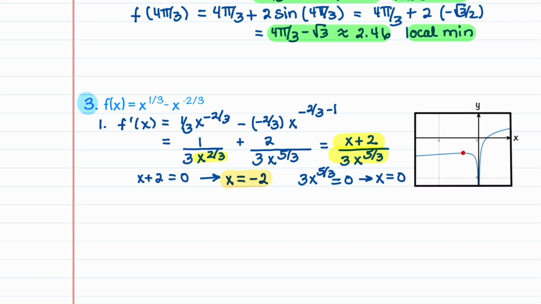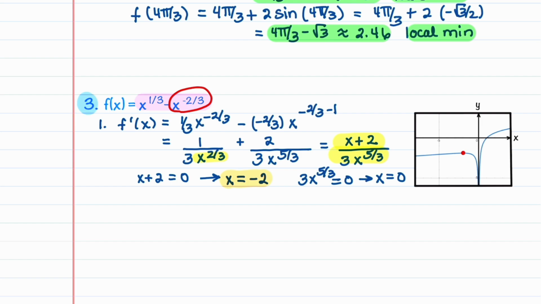Now, we can't just assume that this is a critical value. We have to be really careful, and we have to go back up to our original function and see if it is defined at x is equal to 0. Because of the term x to the minus 2/3, our function is not defined at 0.